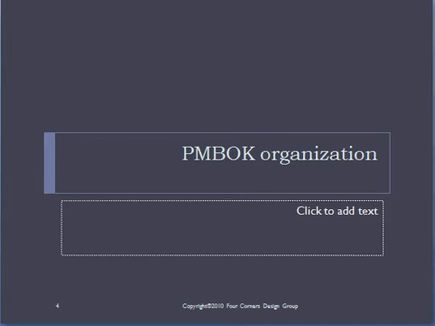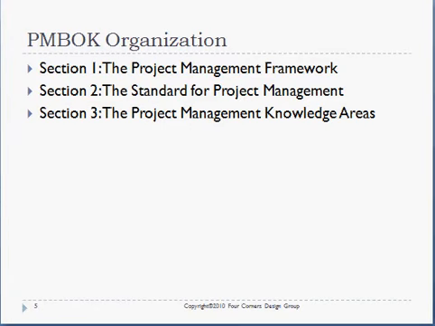Let's take a look at the organization of the PMBOK. The PMBOK is organized into 3 sections. The project management framework provides the basis for understanding project management. The standards for project management defines the 5 project management processes and defines inputs and outputs for each process.